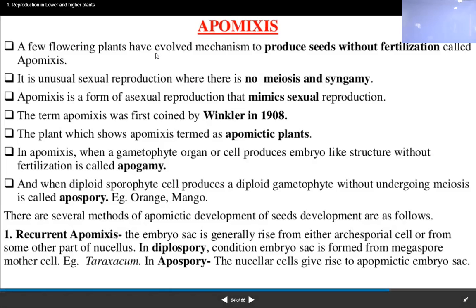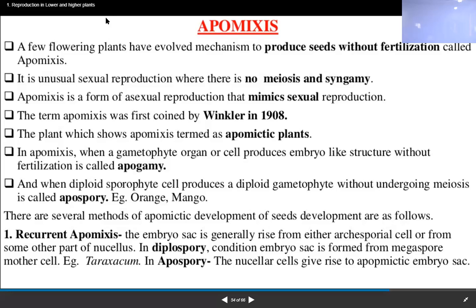Can we consider, Sejal, if there is no fusion of male and female gamete, it as an asexual mode of reproduction? Yes, ma'am. Correct. Because seeds are produced, but without fertilization, so we can consider it an asexual mode of reproduction that mimics sexual reproduction.